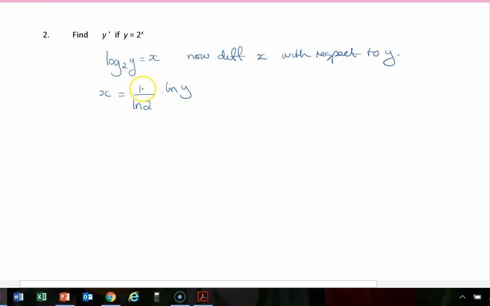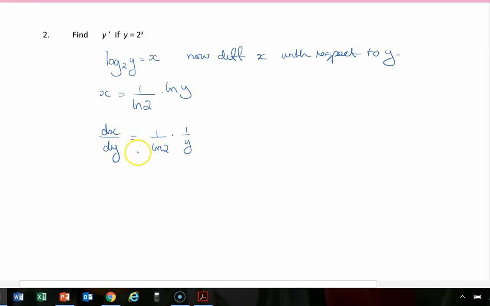So it would be log of y over log of 2, change of base. So we can differentiate x with respect to y, and this is, like I said, just a coefficient or a constant, and the derivative of log of y, because it's now to the base e, we can differentiate that, and we would call it 1 on y.